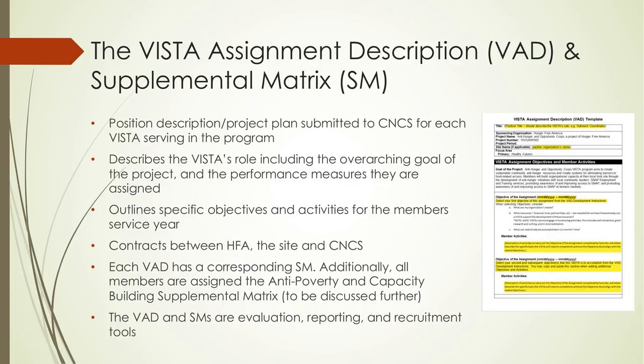All of the information is listed on the SM itself. In addition to that, all of the sites will have to submit the anti-poverty and capacity building supplemental matrix, which is required by CNCS.